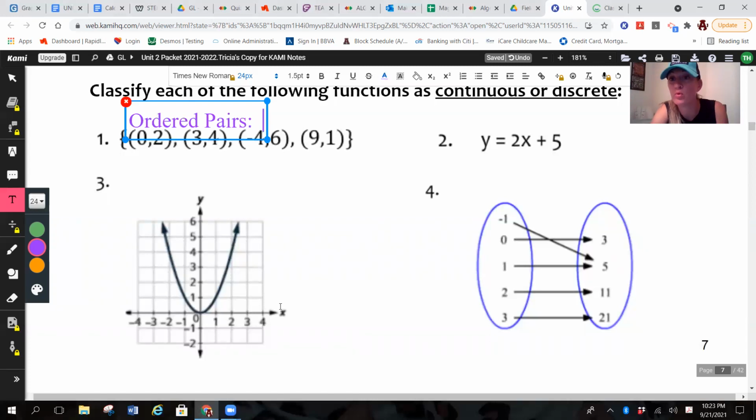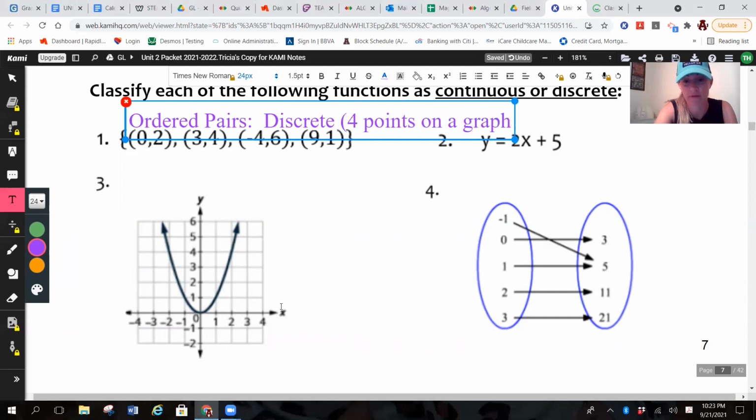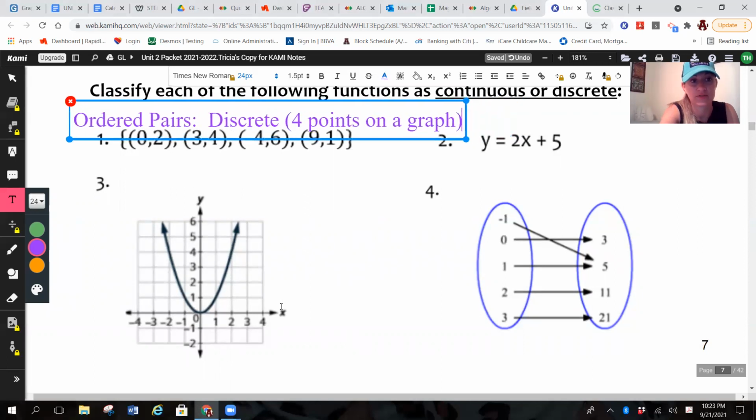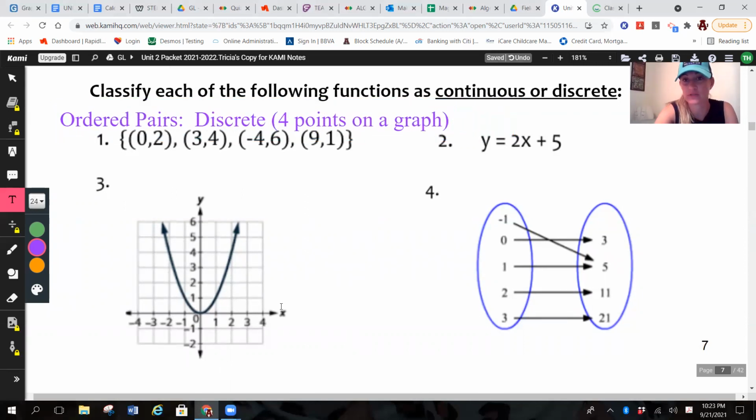Points on a graph are discrete. Why? Because they're not connected points. They're just 4 points on a graph. So number 1 is discrete.